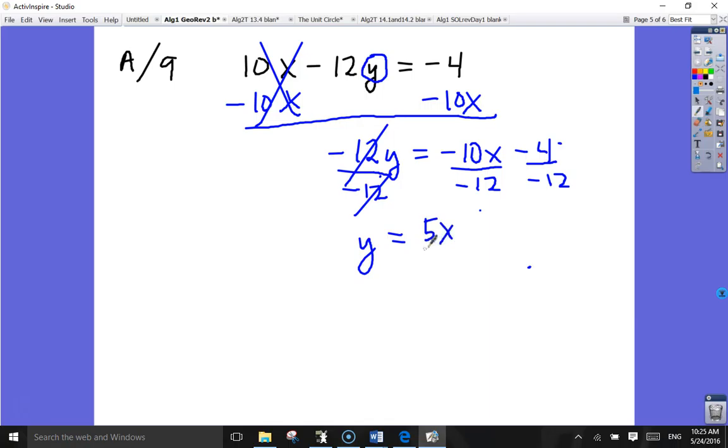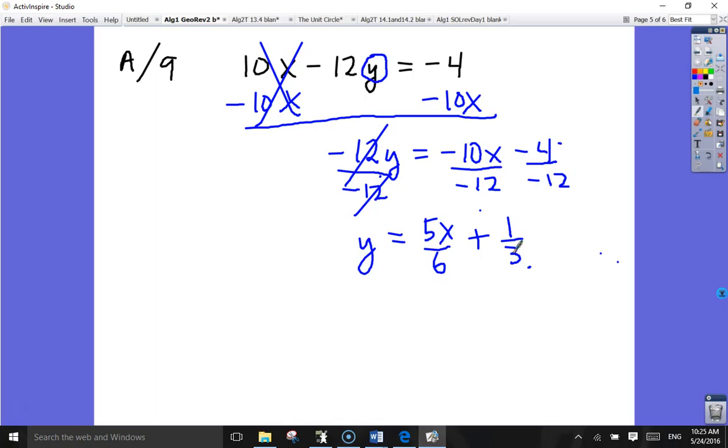It goes into 12 6 times. How about minus 4 over negative 12? What's that going to simplify as? Right. The minus cancels a minus, so it makes that a plus. And 4 over 12, 4 goes into 12 3 times, right? The 12 was in the denominator, so it's 1 over 3.